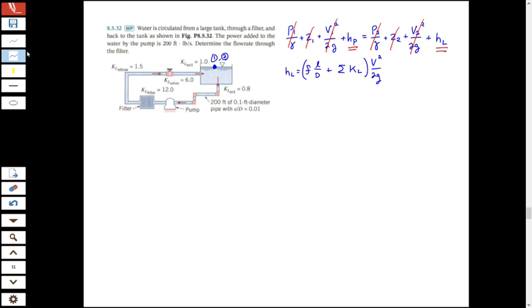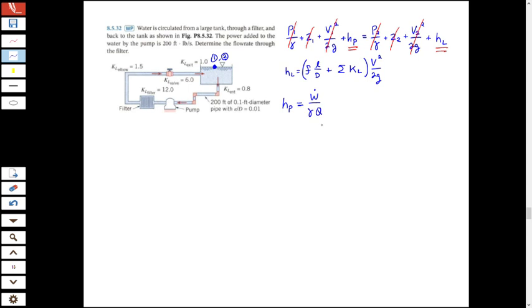All right, so from here, first we need to figure out the pump. We're given the pump information, that it is 200 foot-pounds. Now we know that relating the power to the pump head, we will have volumetric flow rate and then specific weight.